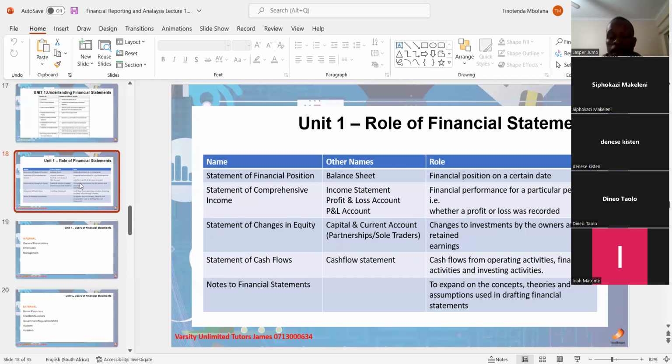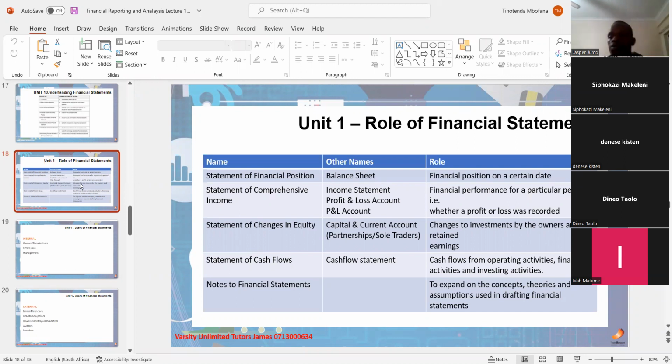So the comprehensive income includes the income and the expenses. So financial position has assets, liabilities, and equity. But the statement of comprehensive income is divided into the income and the expenses. So you can already see why I was saying it's important to know how to categorize those things. Because if you already know what is income and what are expenses, you know how to do the statement of comprehensive income.